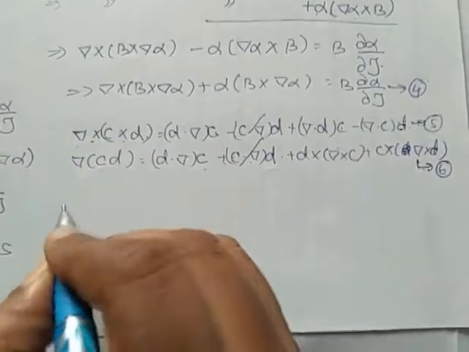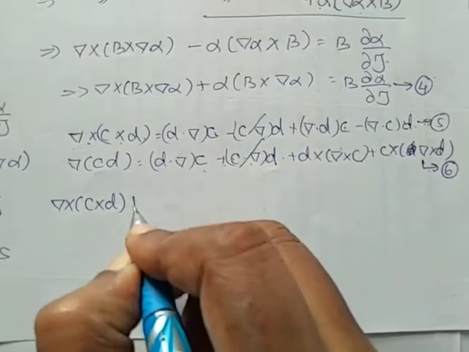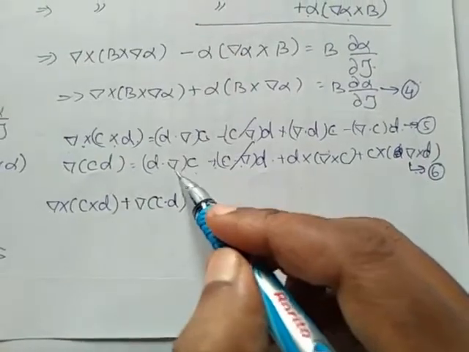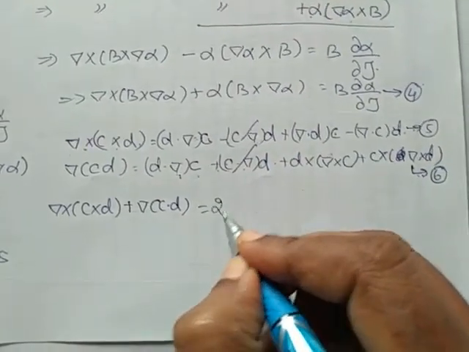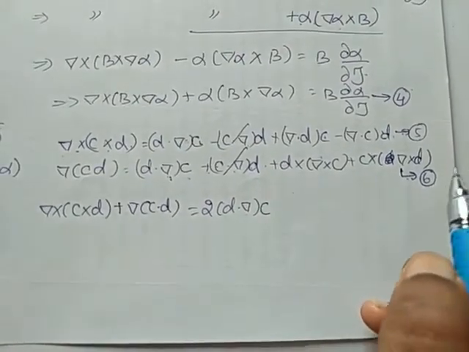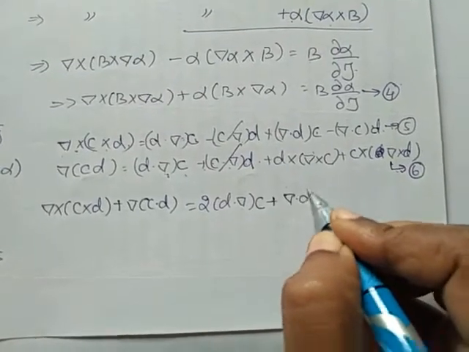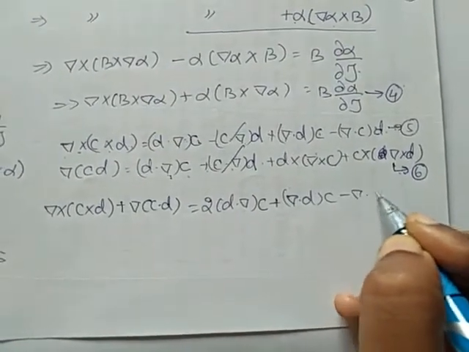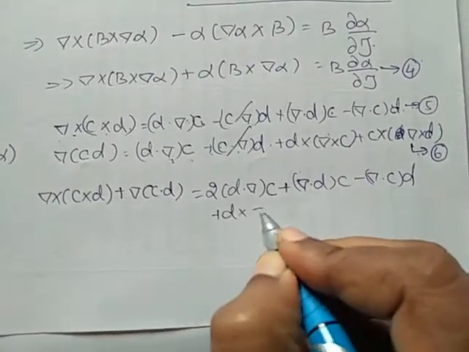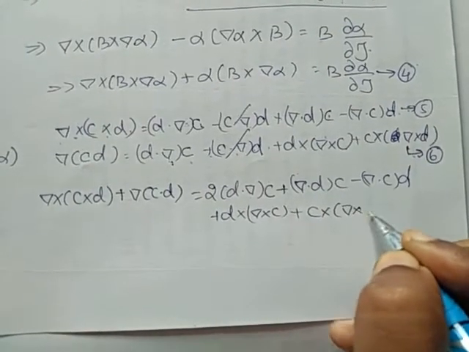So I'll get LHS as del cross C cross D plus del of C dot D is equal to, these two terms will add up, so 2 D dot del C plus del dot D C minus del dot C D plus D cross del cross C plus C cross del cross D.